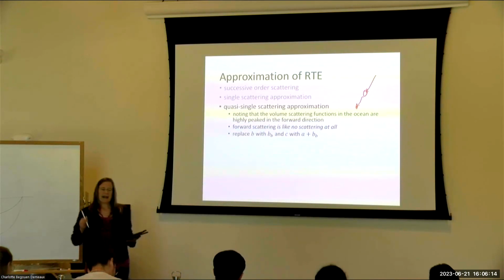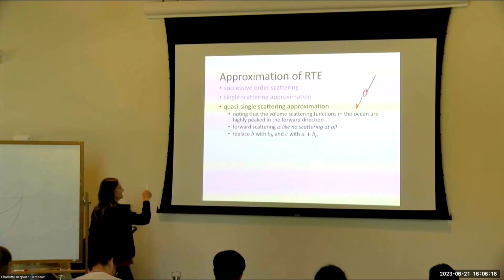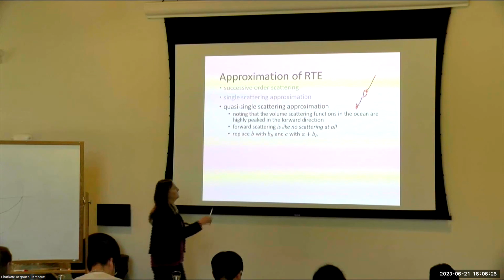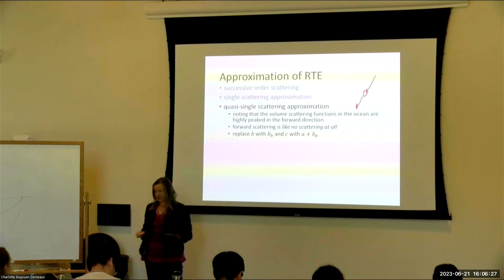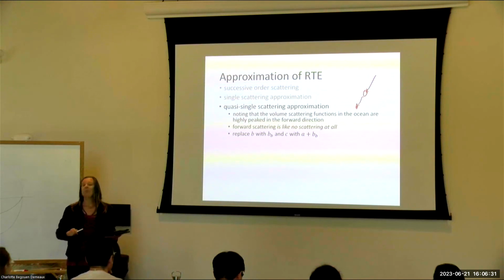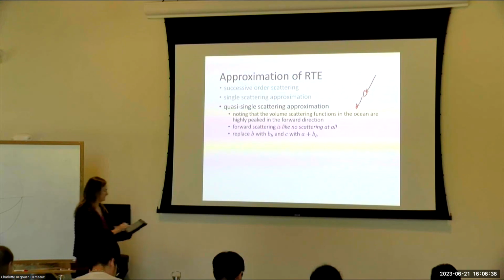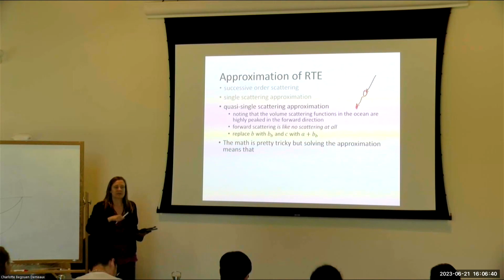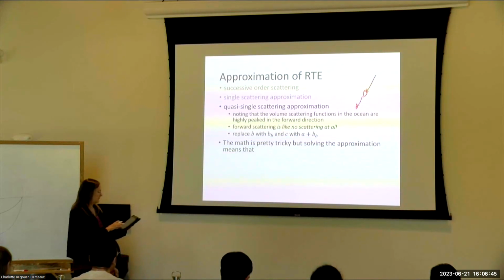So that means that anywhere in the radiative transfer equation where you see a b, you can replace it with b_b, because you're going to ignore b_f. And anywhere in the equation where you have beam attenuation, you're going to replace that with a plus b_b, because you ignore forward scattering. Okay. So you still have to solve these terms, and the math is tricky, but Curt does it in like 100 pages of his book, so you can follow that.